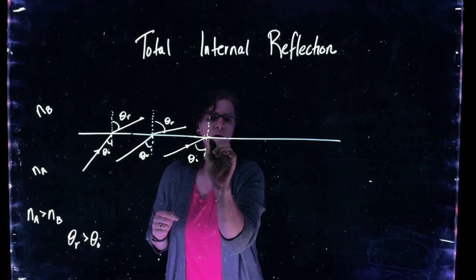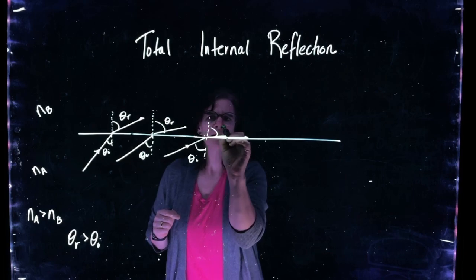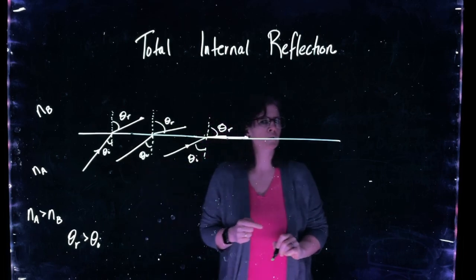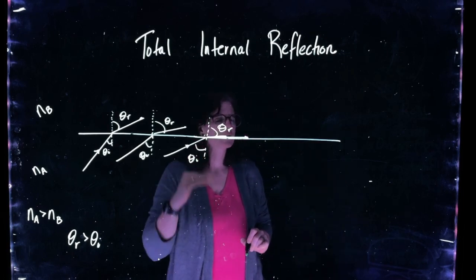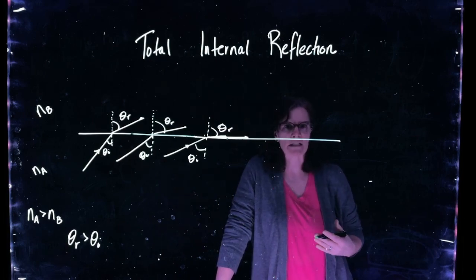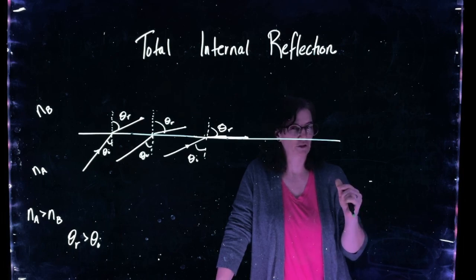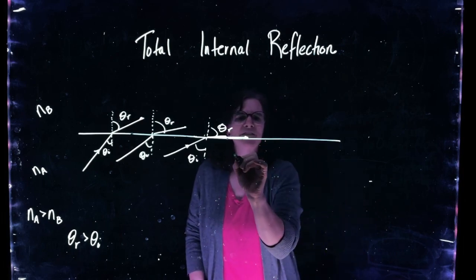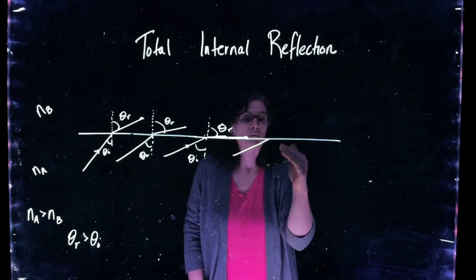There's going to come a point where my angle of refraction is really, really close to the surface. And if I go just a hair more, my angle of refraction is going to hit 90 degrees. It's going to be at the surface. And what if I go just a little bit further? What if I make my angle of incidence even more?